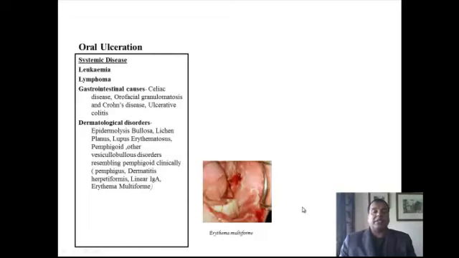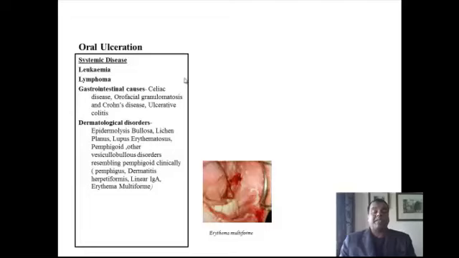Oral ulceration may also occur as a result of systemic disease such as leukemia and lymphoma. Gastrointestinal causes such as celiac disease, orofacial granulomatosis, Crohn's disease, and ulcerative colitis can also lead to various types of oral ulceration.